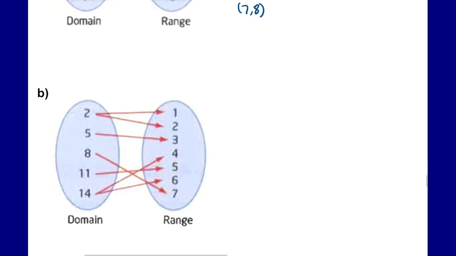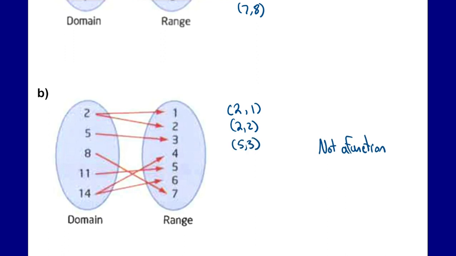For B, you can probably tell by looking at it that it's not going to be a function because we have multiple y values or multiple ranges for a given domain or given x value. So we know it's not a function. Let's go through and write out the ordered points anyways. So we have 2 and 1 or 2 and 2. We have 5 and 3. We have 8 and 7.